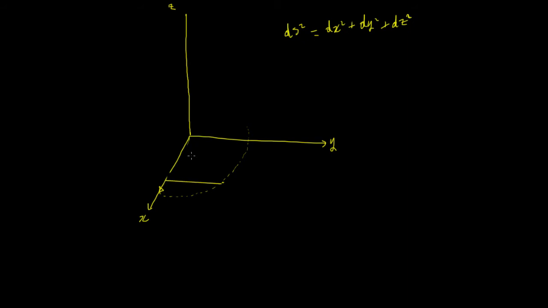Then in cylindrical coordinates we would have moved around a distance here, and that distance would have been our value of r and our angle, if I was to draw that in there, theta. So we'd have moved around a distance of r theta to get to this point here.